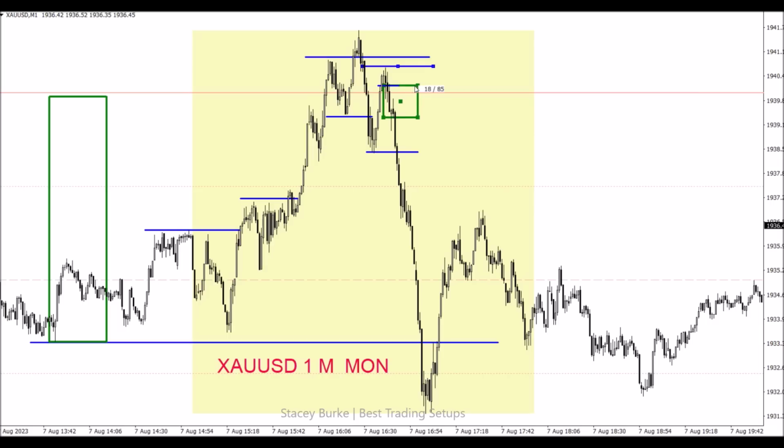Just isolate this down here, back into the pump before we break down one more time, a little area of 5 to 7 pips where we may be adding positions or even through the break, and then locking the rest of them in at break even, taking some off, or holding all of that for the collapse back through the low of the day.